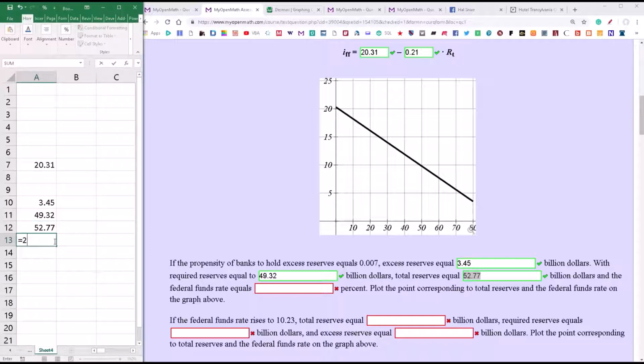The intercept is 20.31 minus the slope of 0.21 times the total quantity of reserves in the banking system. Okay, so the black numbers represent the parameters of the demand for reserves, and A12 is the total reserves, which is equal to 52.77. So the federal funds rate is just below 10, all right? 9.23.